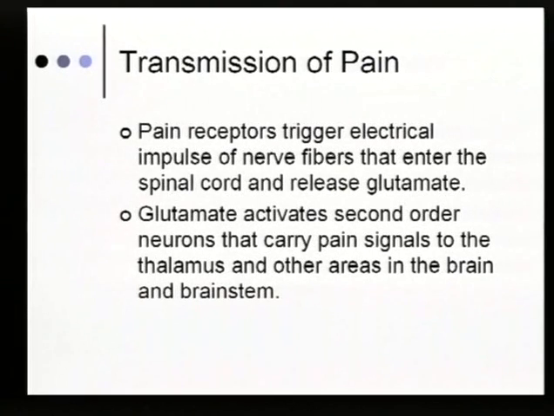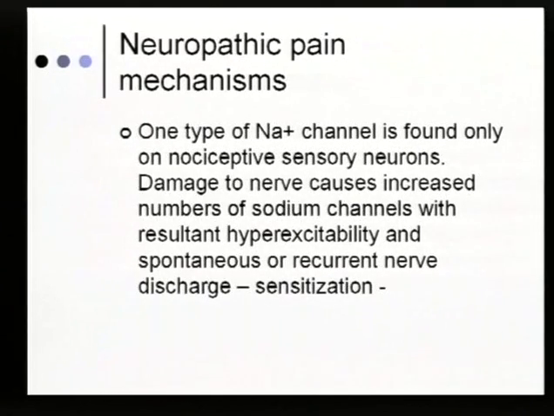The glutamate's just a chemical neurotransmitter, and those neurons carry pain signals up to the thalamus and various other areas in the brainstem that modulate and control pain appreciation. What are some of the things that are going on? Well, in those nerve fibers that bring pain information in from the limbs and skin, etc., there are several different kinds of sodium channels that are needed for firing.